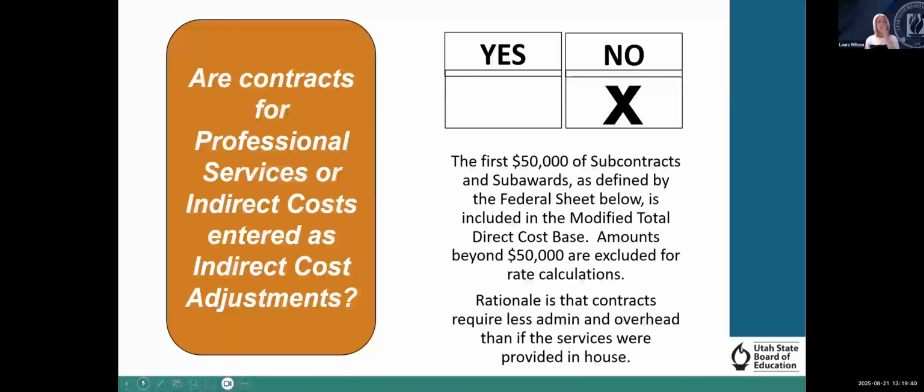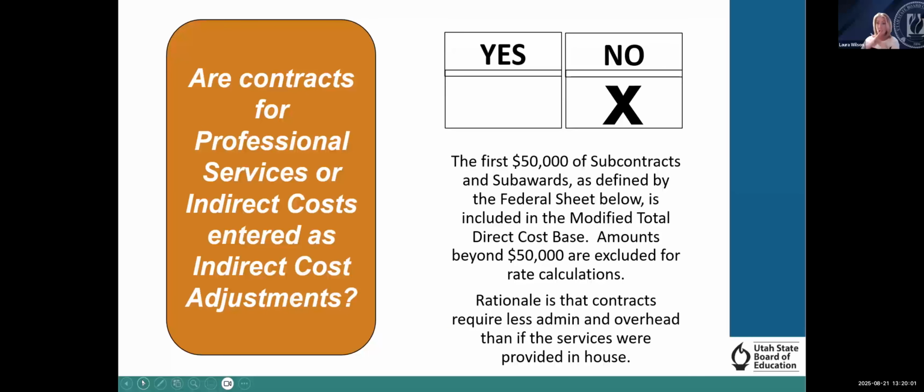So to talk a little further about contracts, when you are trying to decide whether a contract should be entered as an adjustment in the UPEF's contract tab, should contracts for anything that is a professional service or an indirect cost be entered in that contracts tab?